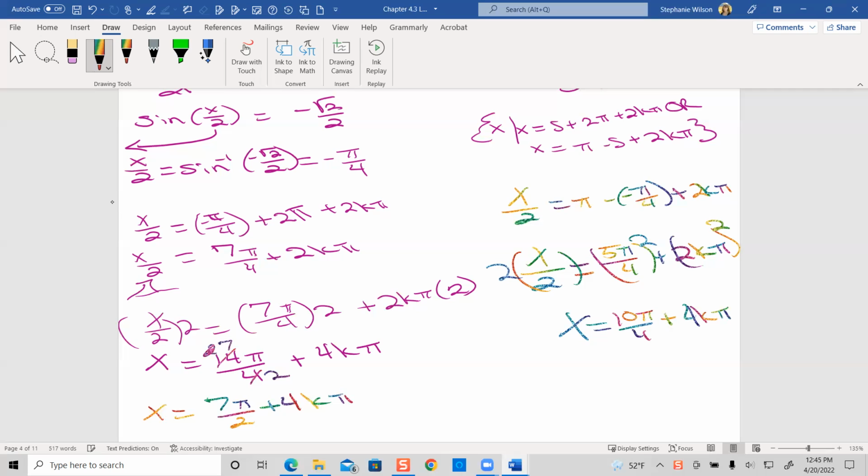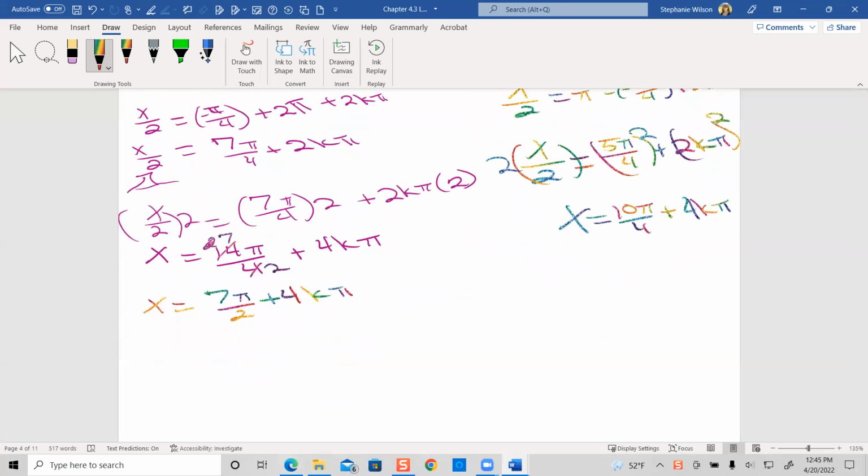So these are going to give me everything that satisfies the equation. Just remember that when we come back to this, we have a 5 pi fourths here as a small number. So I know that I got x is 5 pi fourths plus 4k pi.